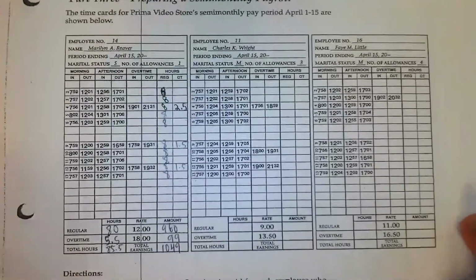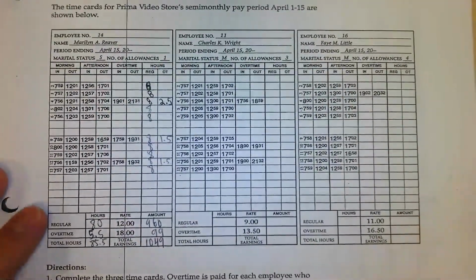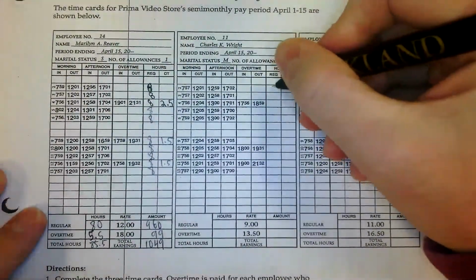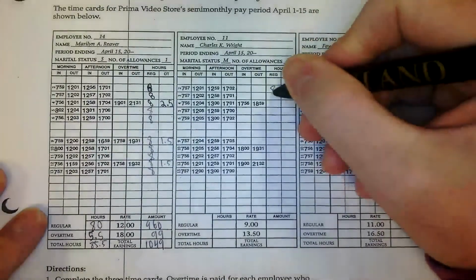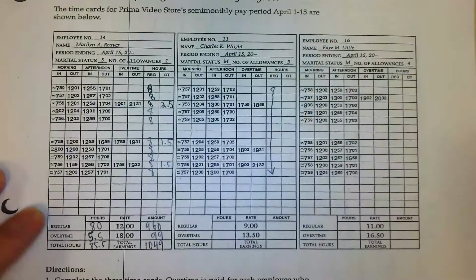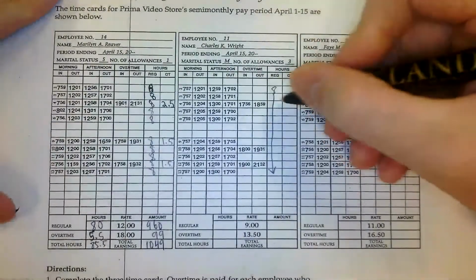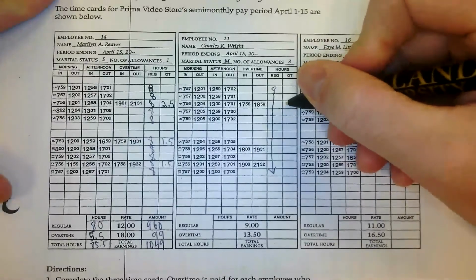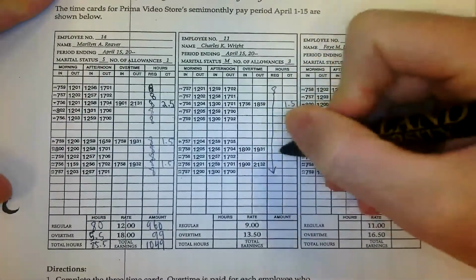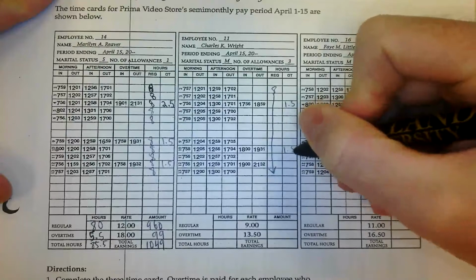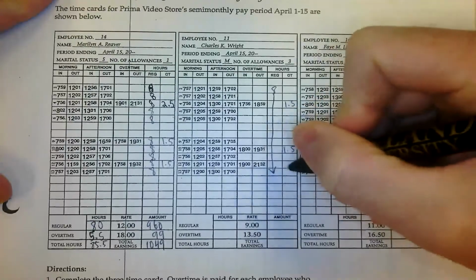Let's do our buddy Chuck. All of them are 8-hour shifts, right? Then we have a 1.5, another 1.5, and then a 2.5.